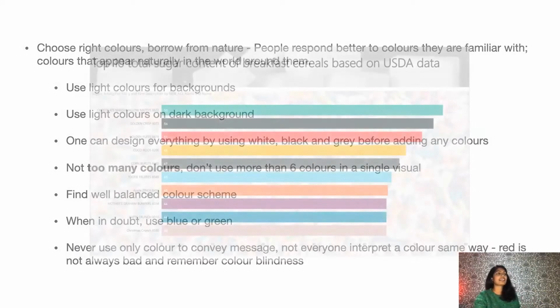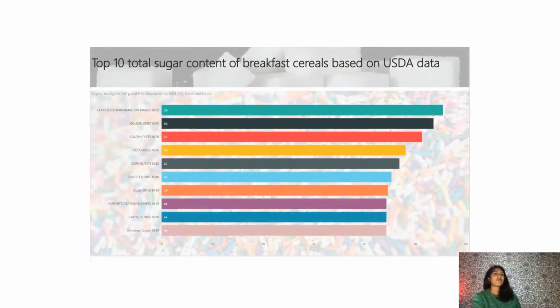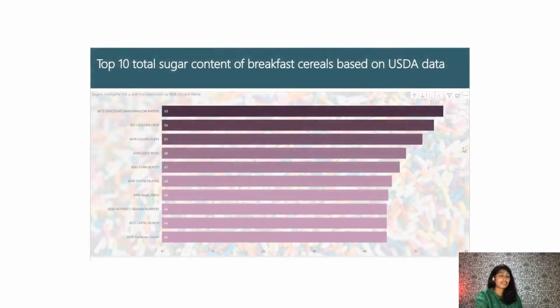If you look at this example again, we have the very bad background and then a foreground with so many colors. It's just not a great visual. But if you have data with so many categories and you have to use different colors, maybe try to look for a different angle.